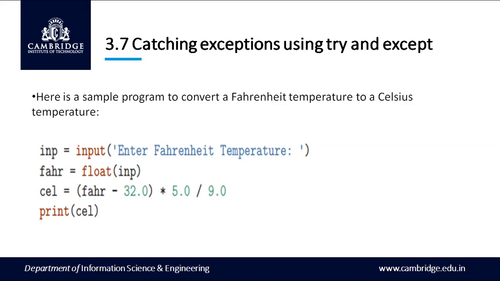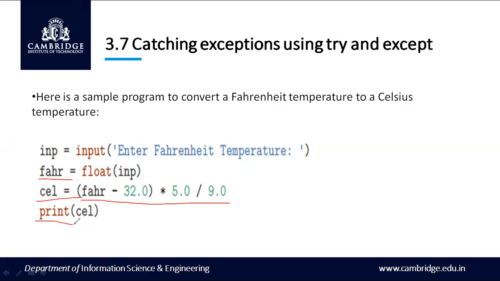Here is a sample example to demonstrate the usage of try and except. You can see this particular program converts the Fahrenheit temperature to degrees Celsius. This is the formula to convert Fahrenheit to Celsius, that is Fahrenheit minus 32 into 5 by 9.